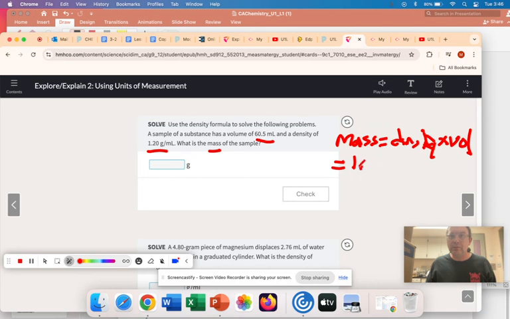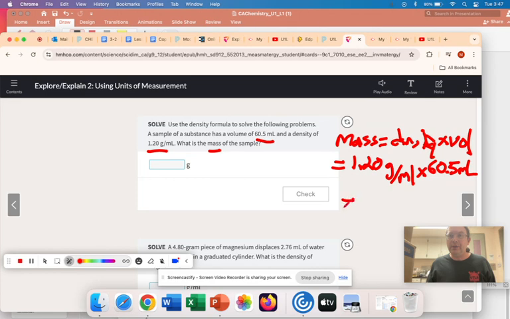Mass equals 1.2 grams per milliliter times 60.5 milliliters.